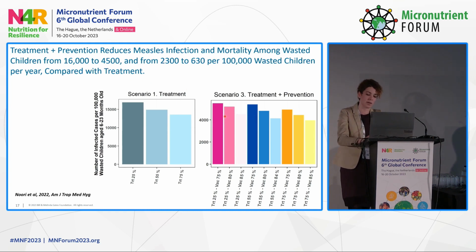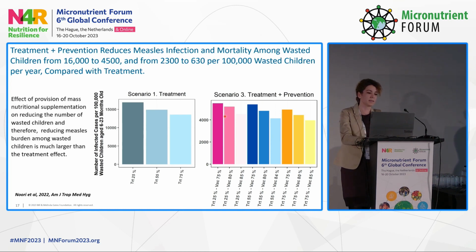We found similar results for mortality due to measles as well. So this emphasizes that the effect of mass nutrition supplementation, by reducing the number of wasted children and therefore wasted children infected by measles, is much larger than the treatment effect.